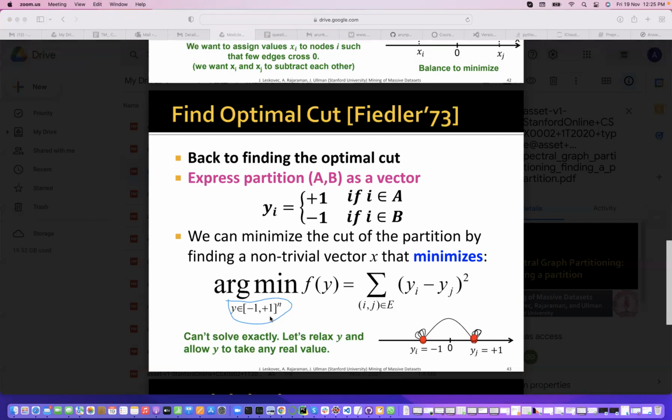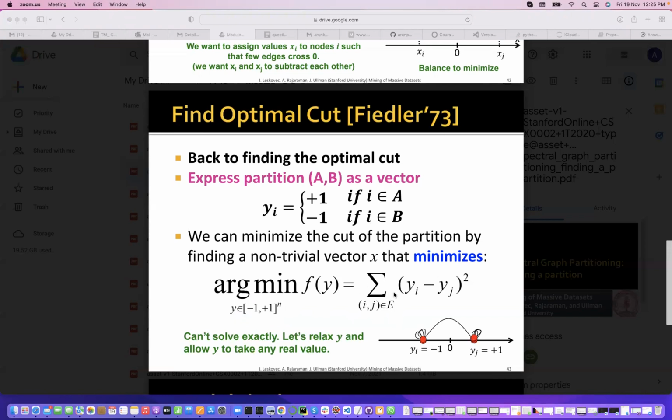If you remember your regular expressions, there also you write in brackets that it may take either of these values. Then n times means n values, each taking either of these values. Take all those vectors y, which have -1 or 1 as components, n components. Then you compute yi minus yj whole square for ij belonging to E, so you take only those edges.